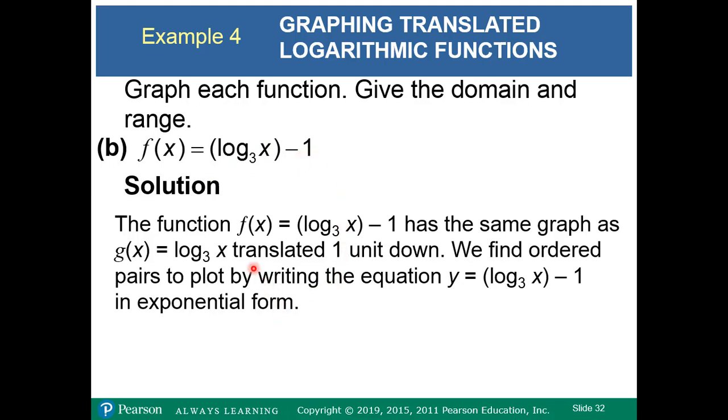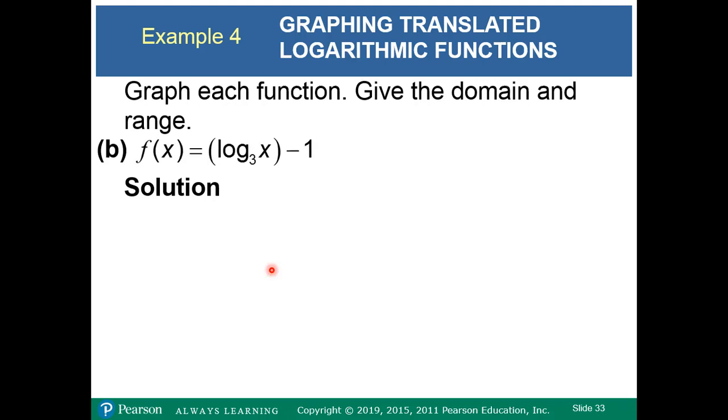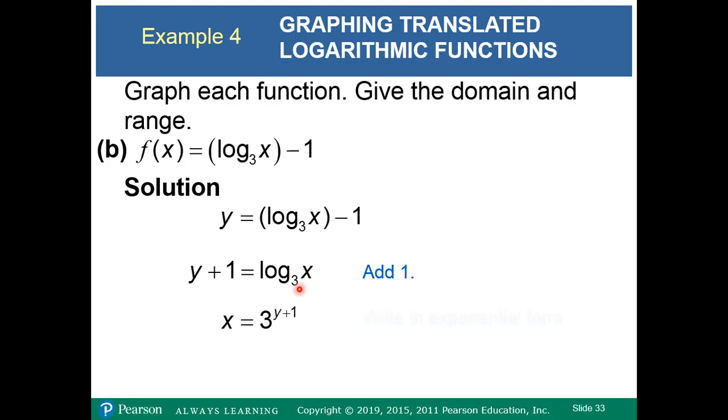So we write in exponential form. We add 1 to both sides, and we get x equals 3 to the y plus 1. Now we're going to add values of y and get the corresponding values of x.